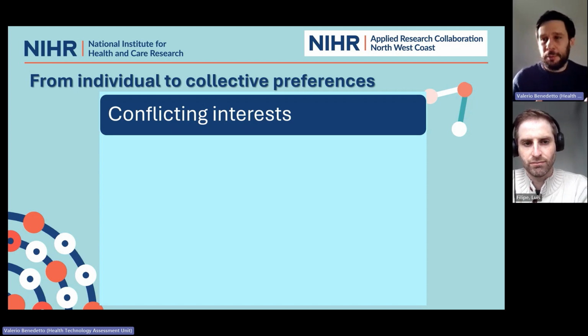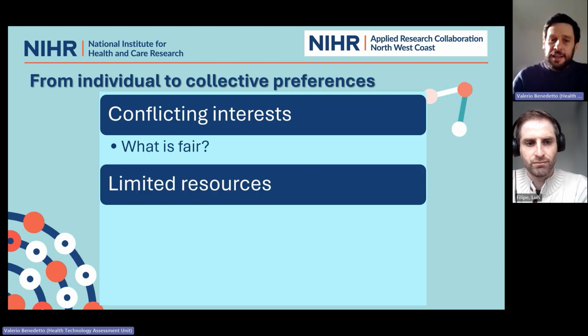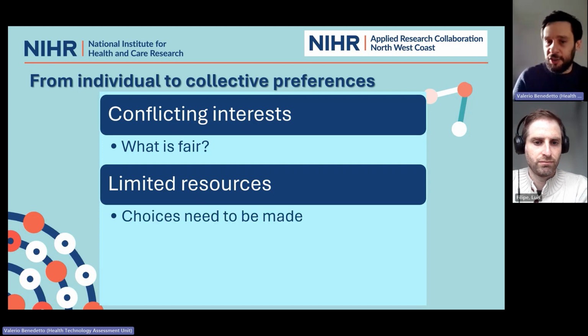So many people will have different views about, for example, what is fair, what is just in a society. So that's something we need to bear in mind. Another issue that we are pretty much aware of in economics or in the real world is the fact we have got limited resources. So that means we need to make choices about how to allocate our resources.